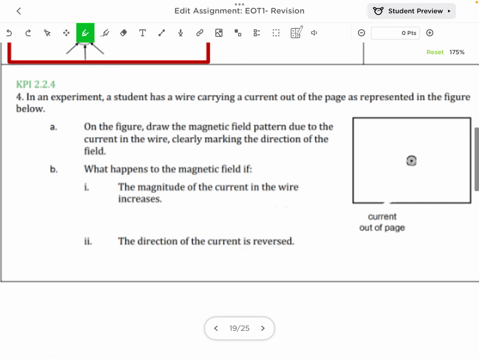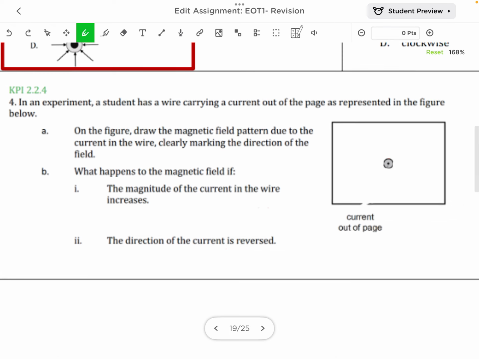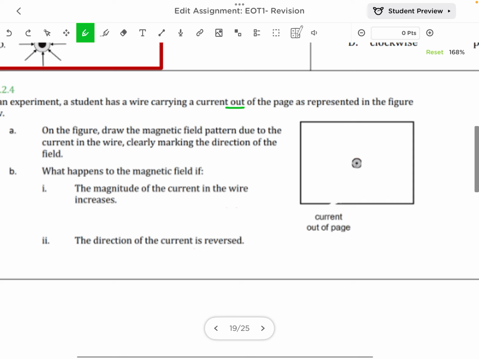In an experiment, a student has a wire carrying a current out of the page. So dot means out. Question part A, on the figure, draw the magnetic field pattern due to the current, clearly marking the direction of the field.